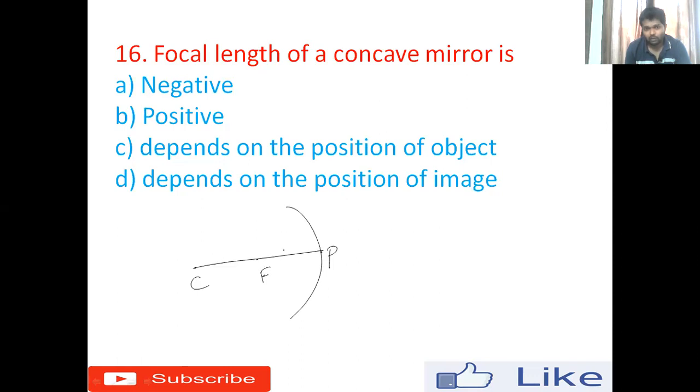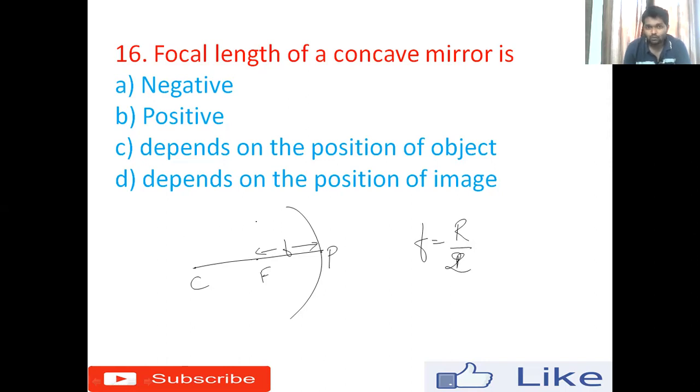So from here to here, this is the focal length. Focal length is the distance between the pole and focus of the mirror. Or I can say that focal length is half of the radius of curvature. If from here to here is 4 centimeter, then the focal length will be 2 centimeter.